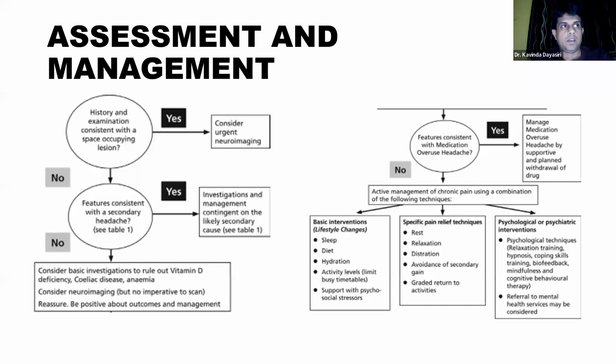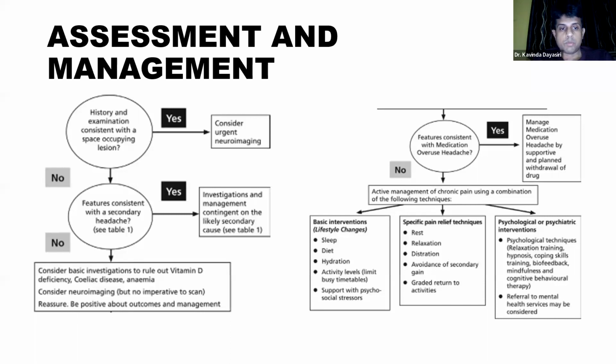Again, take a thorough history and examination and do limited investigation. If you find a secondary cause, then manage along that line. For example, if your cause is benign intracranial hypertension, manage down that line. And once you have ruled out space-occupying lesions as well as secondary headaches, then you are left with primary headaches.